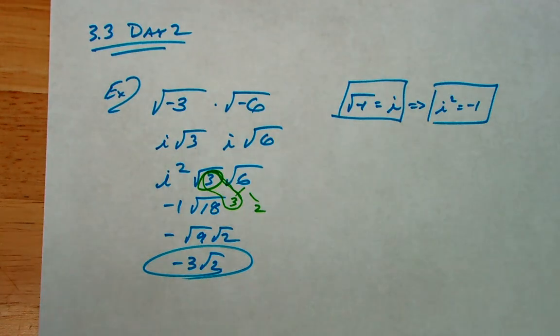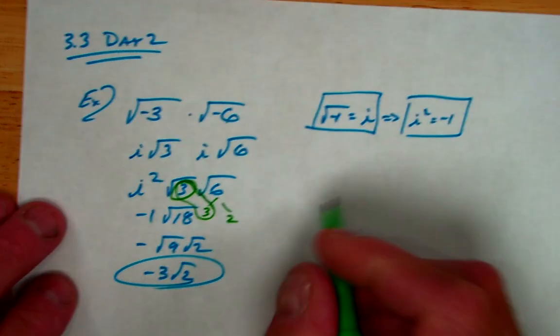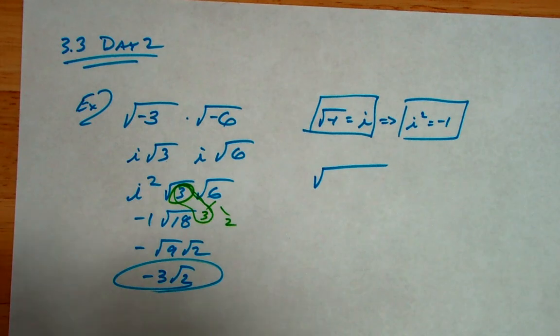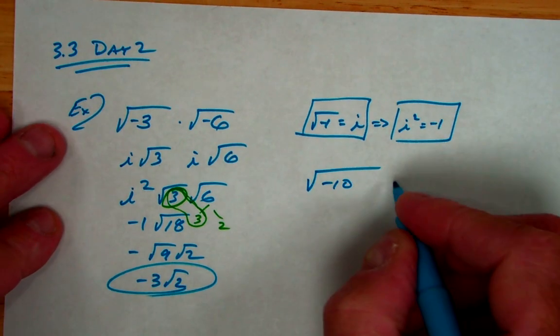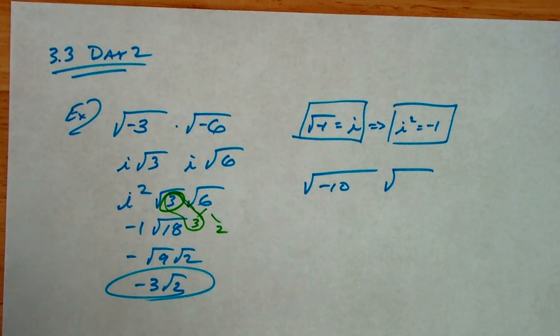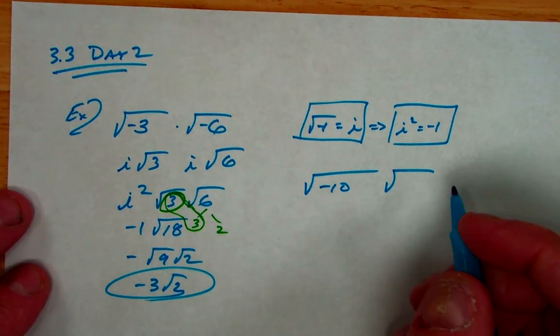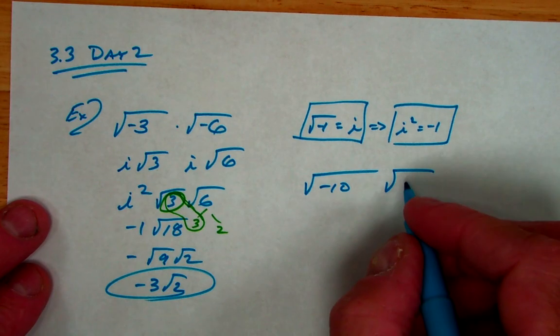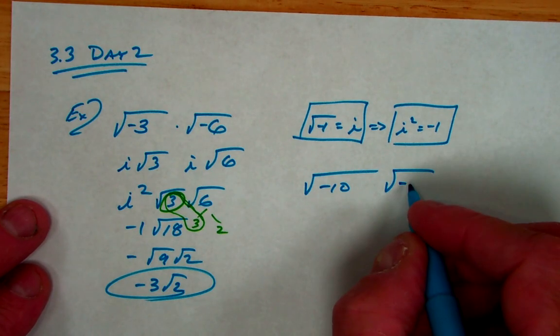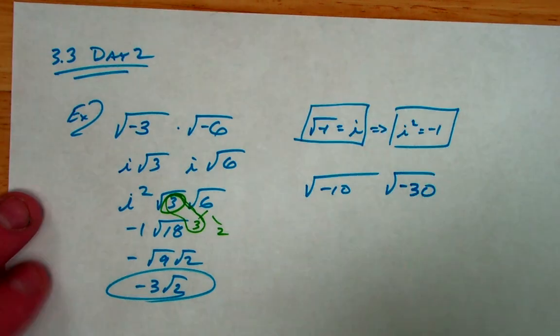Okay. So let's do another one here. If I said the square root of negative 10 times the square root of negative, what the heck, 30.